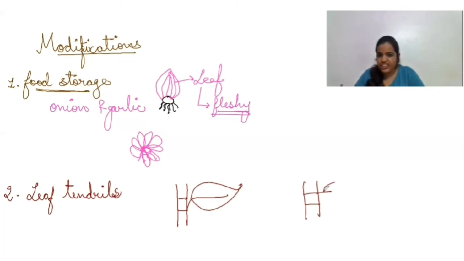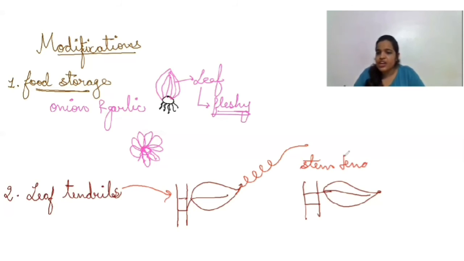Now don't think that because I'm drawing different leaves, they are different. No. Actually, the structure of the leaf doesn't matter over here. What matters to us is, in case of leaf tendrils, the leaf gets modified to form tendrils, like these spiral structures. Whereas in case of stem tendrils, the tendrils are formed from the axillary bud.